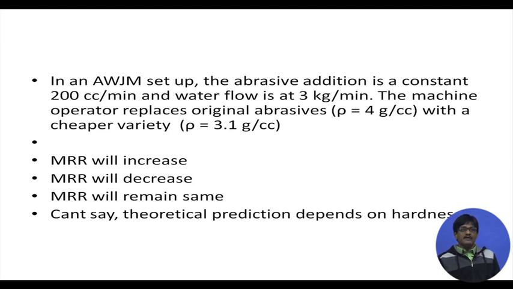So, you can quickly calculate what is the changed mass flow rate, and accordingly we can find out whether the term R by 1 plus R whole square, whether it is going down or going up. If it goes up, then the power available for machining is higher, and if it goes down, the power available for machining will be lower. So, MRR will accordingly increase or decrease.